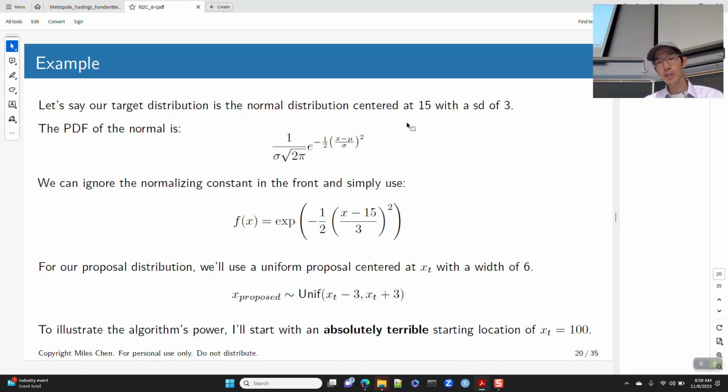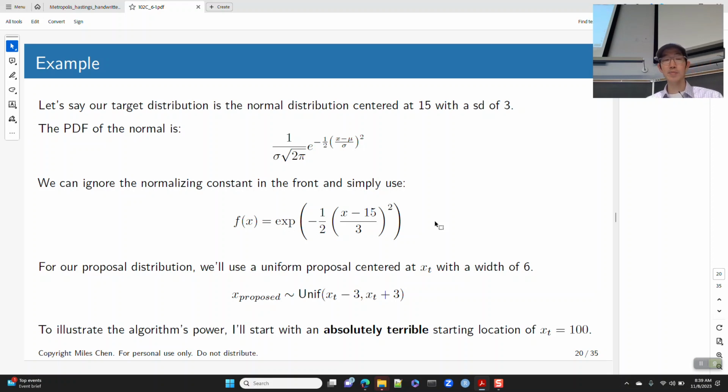And if I plug in our desired values of mu being 15 and sigma being 3, this is what I would get. Technically, I have this normalizing constant, 1 over sigma root 2 pi, but just to illustrate that we don't actually need the normalizing constant, we just need something proportional to the target distribution, I'm going to just drop it. Okay, and so here I have a function that is not exactly the PDF, but is proportional to it, and it's just e to the negative 1/2 of x minus 15 over 3 quantity squared.